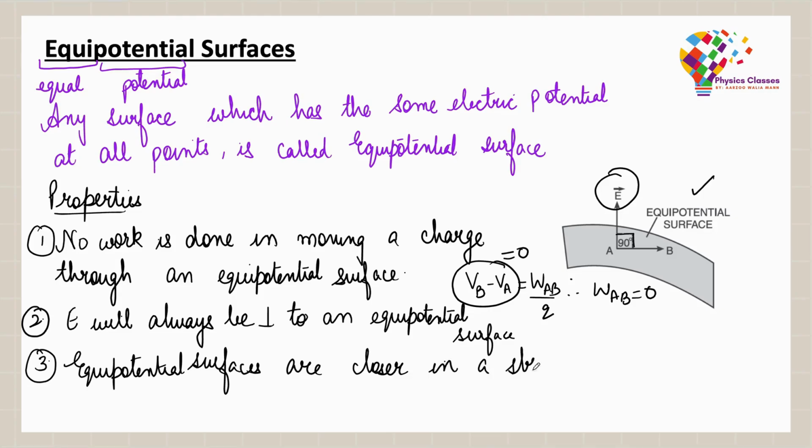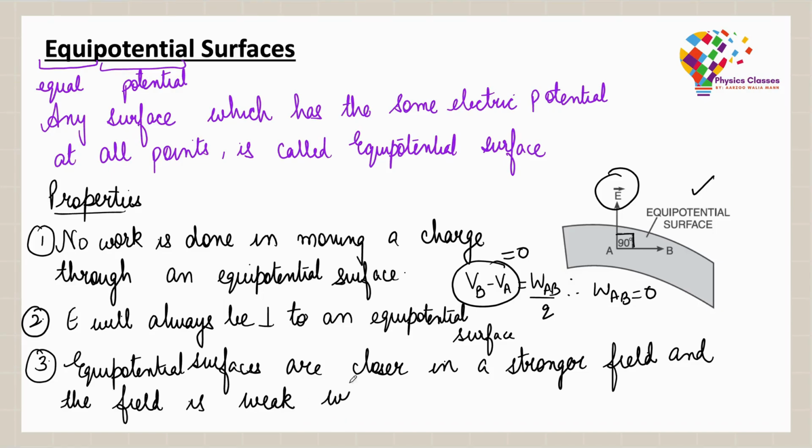We can say that the surfaces would be closer in a stronger field, and the field is weak when the surfaces are far away, or you can say farther. That's one and the same thing. So the closer the equipotential surfaces, the stronger will be the electric field in there.